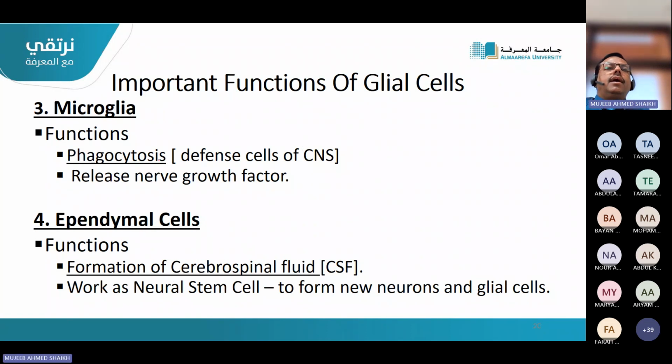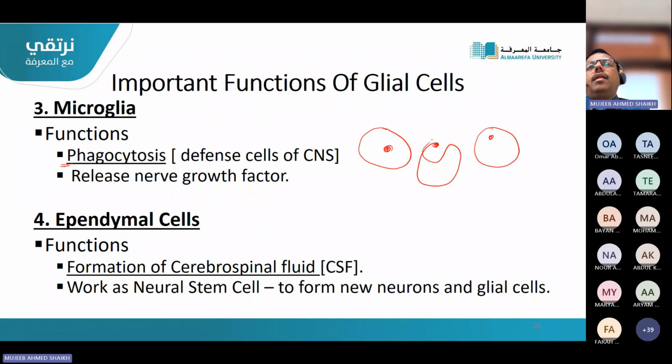Microglia are the immune cells of the nervous system. They are responsible for phagocytosis. What is phagocytosis? Defending. Yes, this is a microglia. If some organism or any debris is found here, then they will reach this area and engulf it.